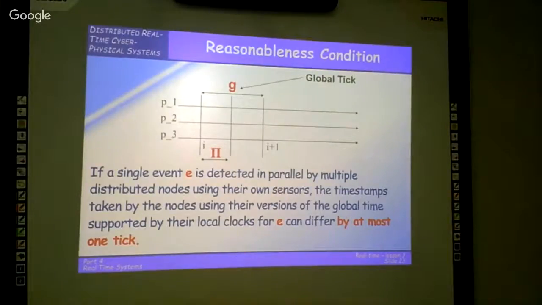Her clock cannot be at i plus 2 or i minus 2, because this would mean that the difference between her clock and my clock would be higher than the granularity, higher than g. Okay, and this is fundamental. If we have this abstraction, the values of the timestamps taken by any clock, by any observer, can differ from another by at most 1 tick.